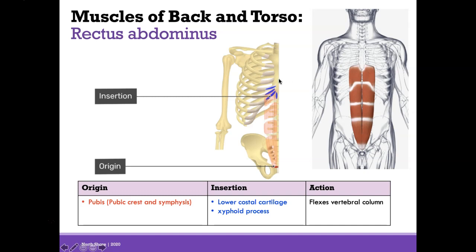And it also inserts at the costal cartilage and the xiphoid process. So you can see the rectus abdominis attaches to some of the costal cartilage of the ribs as well as the xiphoid process. So it's a very long muscle. Right, it goes from the pubic crest out to the xiphoid process and helps us flex the vertebral column.